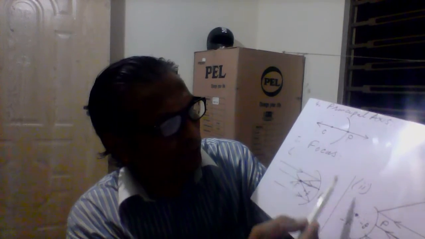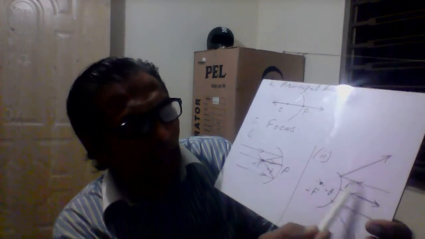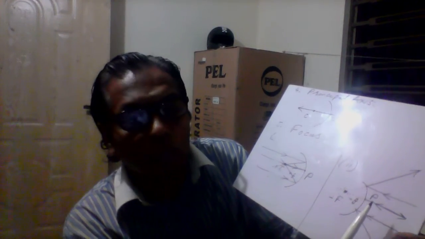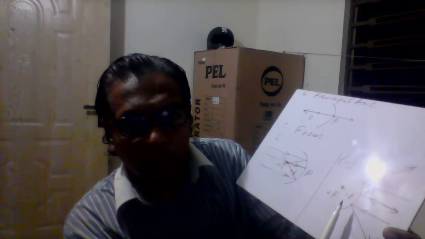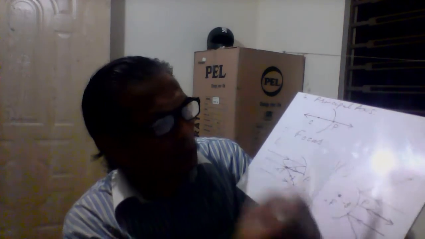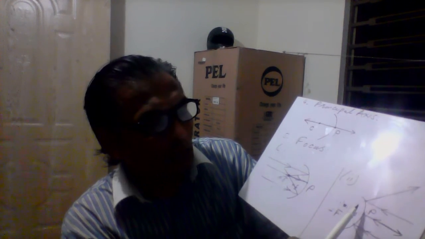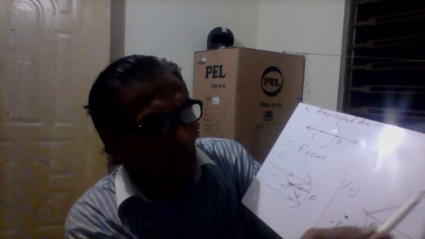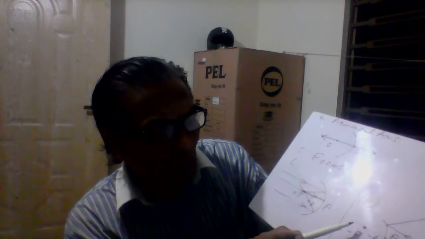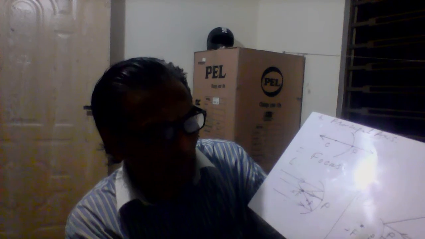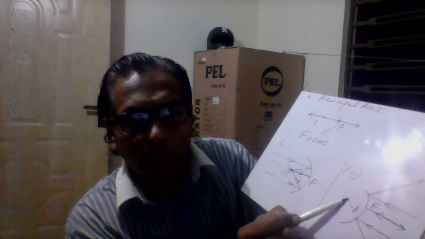Or in case of a convex mirror, all the parallel light rays parallel to the principal axis, after reflection, diverge and seem to be diverging from a point inside the convex mirror.